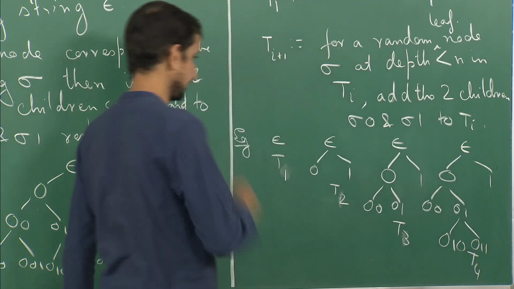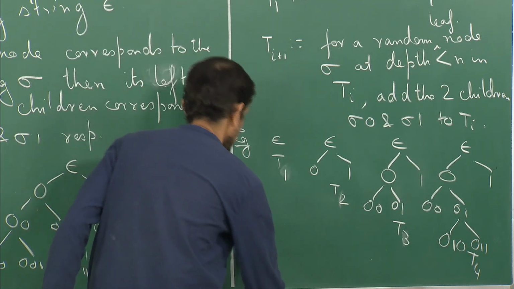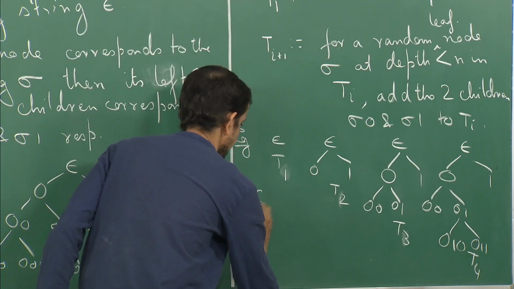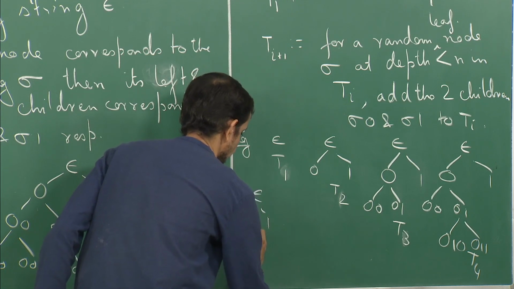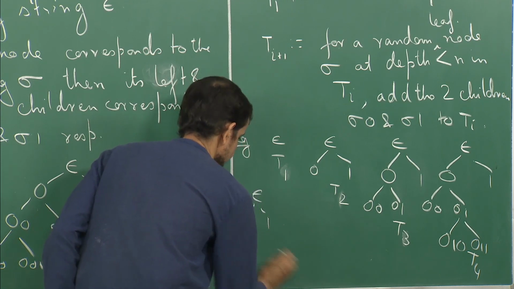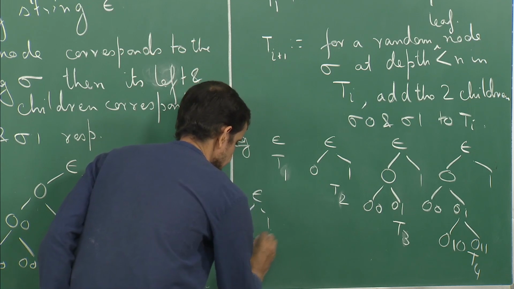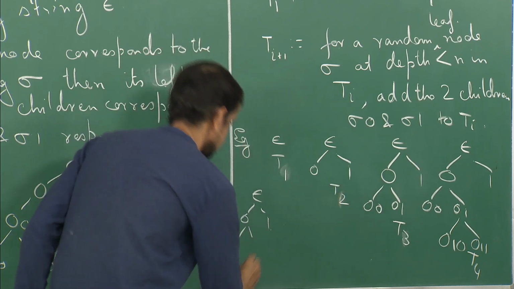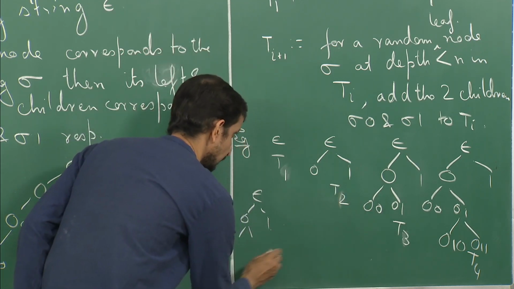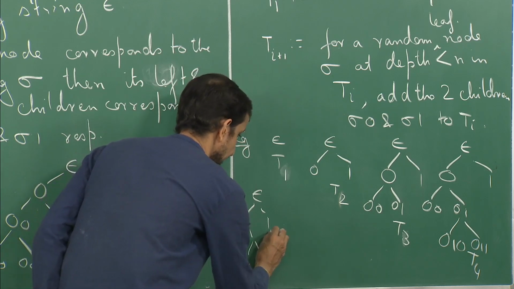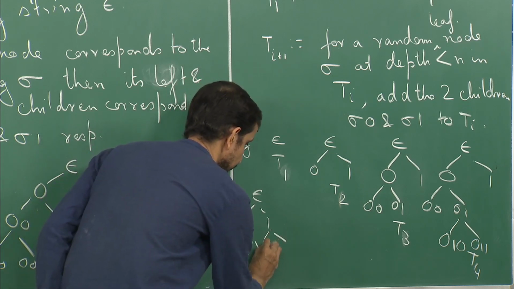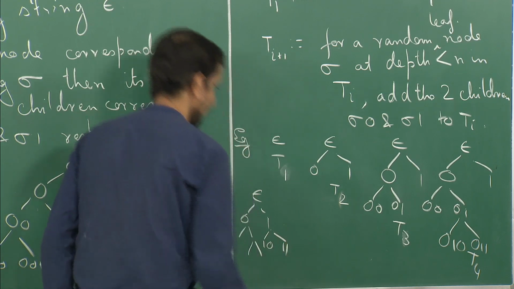This becomes T4. Now I pick this guy. So we have this 0, 1, and I have something over here. Now I add its two children here 1, 0, 1, 1.